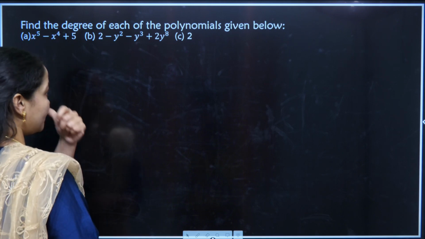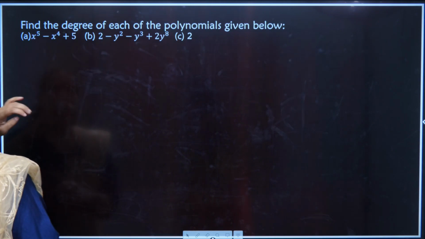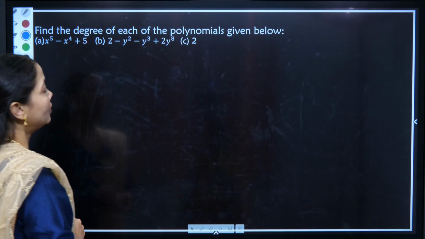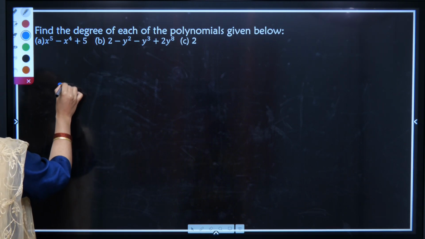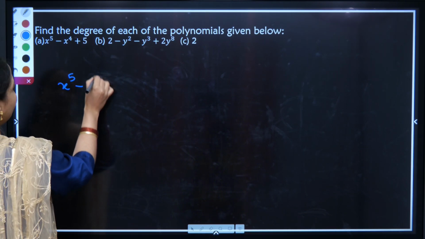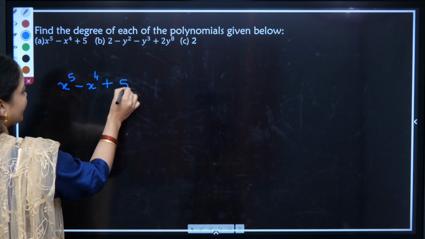Finding the degree of each of the polynomials given below. I am writing the first question. The first question is x power 5 minus x power 4 plus 5.